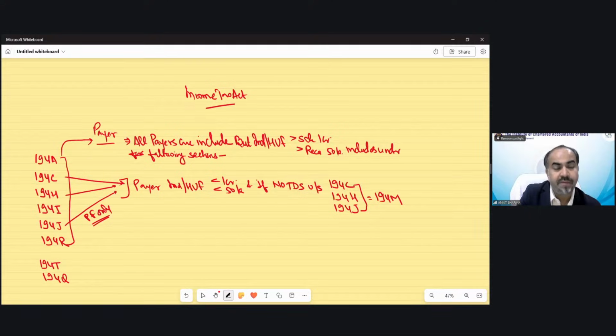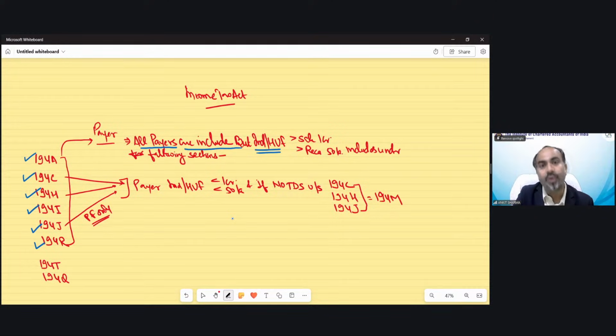Sections 194A, 194C, 194H, 194I, 194J, and 194R we have discussed. In these 6 TDS sections, all payers are included, whether it's an individual, HUF, partnership firm, company, etc. But individuals and HUF are included only under a condition: they can deduct TDS in these sections only if their sales exceed 1 crore or receipts exceed 50 lakh.